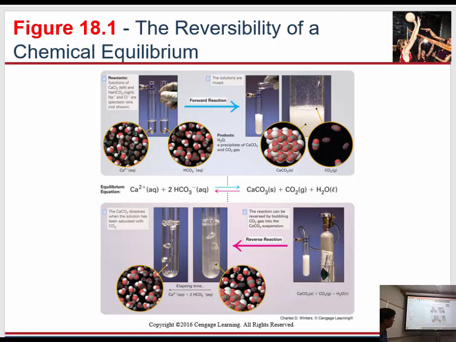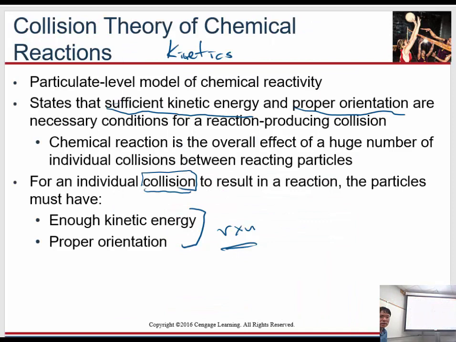Adding CO2 to this, they're forcing this reverse reaction and going back to the original state. So this is an example of a reversible reaction in which they can go forward or backwards and both occur. Which side is favored depends on the normal conditions. Okay, so that's the equilibrium, and then this is the kinetics. So we're going to go back to equilibrium up here.